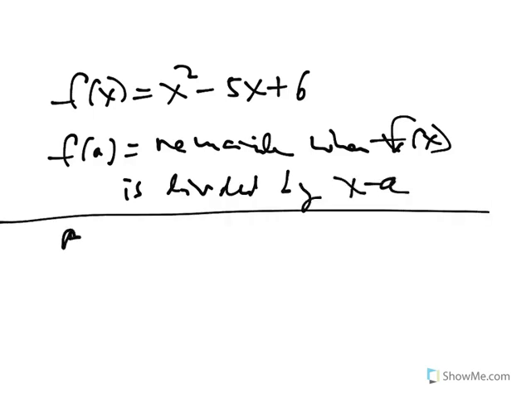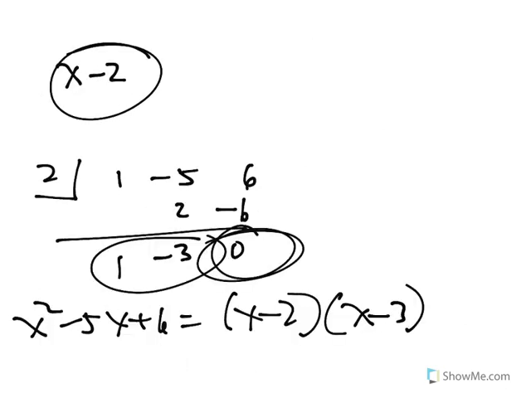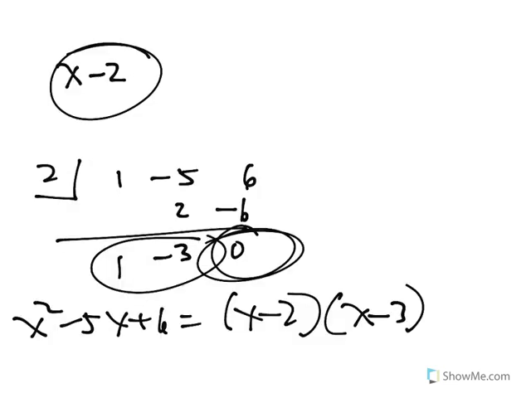So remember before we had this, and we divided it by x minus 1. We did it with synthetic division, and we got a remainder of 2.